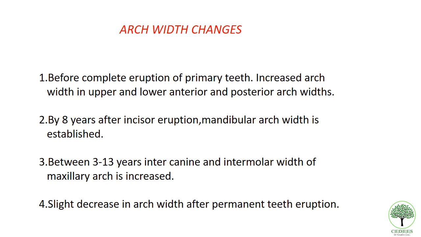But in general, there is a constant or interval based increase in the maxillary arch width between 3 and 13 years, and once the permanent teeth are fully erupted, there's actually a slight decrease in the arch width, and then it remains more or less relatively stable, except for the maxillary arch width, which changes at the pubertal growth spurt age to maintain the occlusion in a stable way.